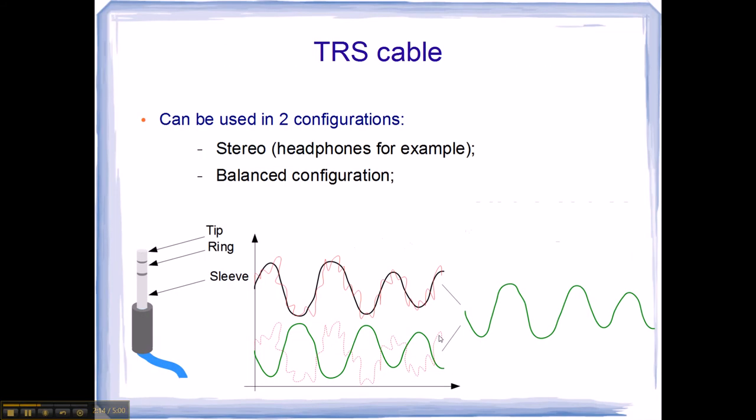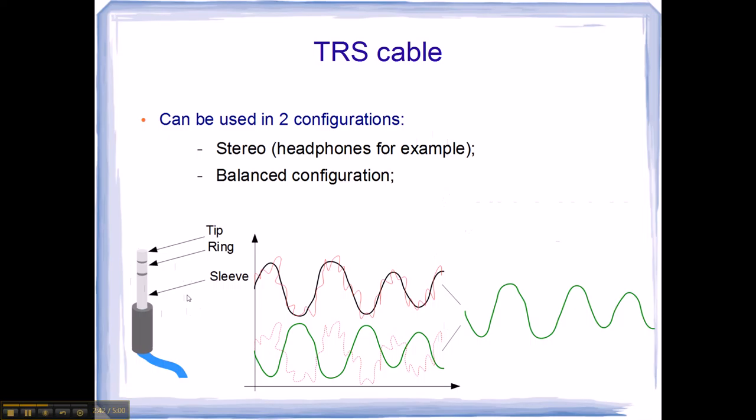So that's why we use TRS cable. It can be used in two different configurations. One is stereo, for connecting headphones, for example. Then it's both conductors, tip and ring. These are two conductors, and then the sleeve as a shield. But then it's the same unbalanced configuration as the normal TS cable.